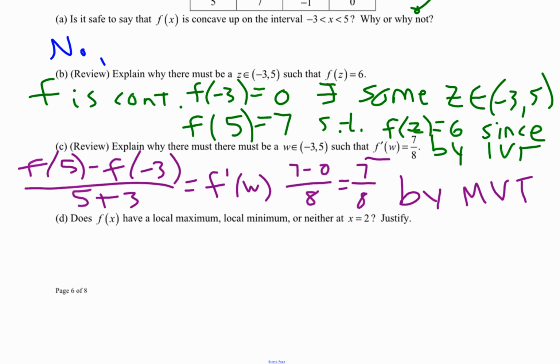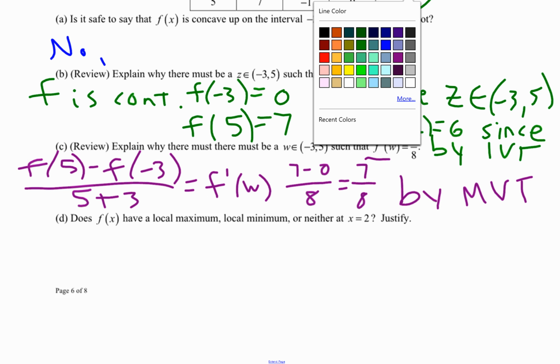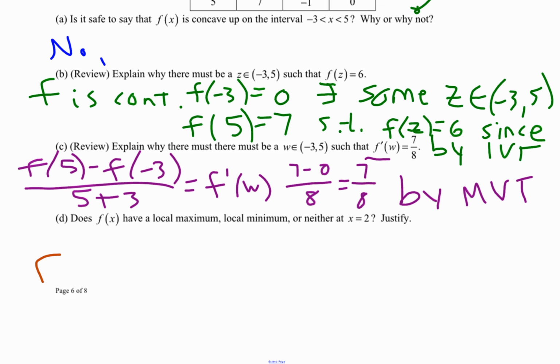All right, and the last thing that I think we'll look at today: does f have a local max, a local min, or neither at x equals 2? Well, we do know that, oh, I better change colors. Yeah, this is an awful color. We'll go with it. Now, we do know that f prime of 2 equals 0, so that makes it a critical value.